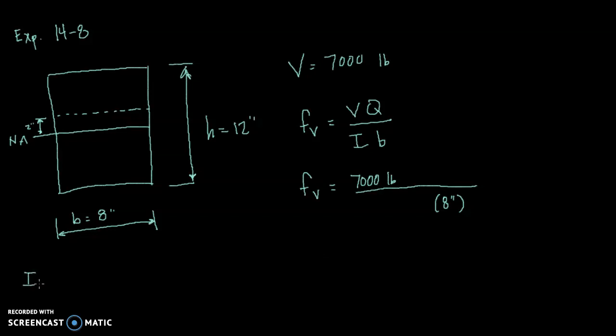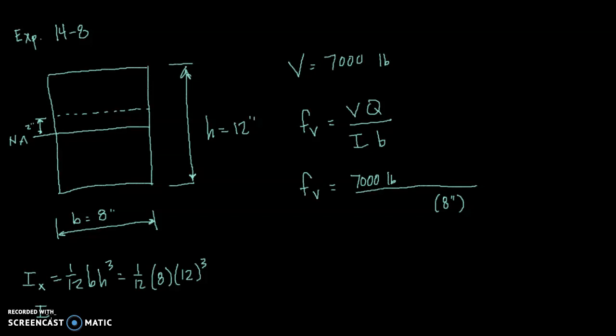I, the moment of inertia, and we could also give this an X subscript because we're talking about the moment of inertia about the horizontal axis, is equal to 1/12 BH cubed. So that's 1/12 times the width of 8 times the height of 12 cubed.